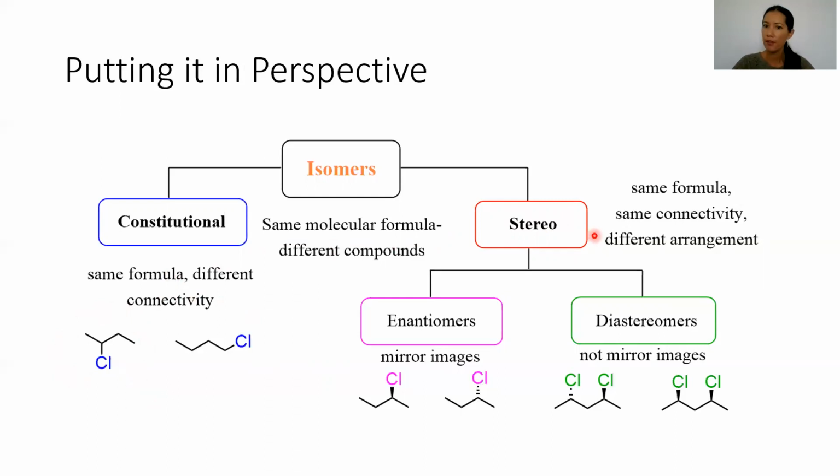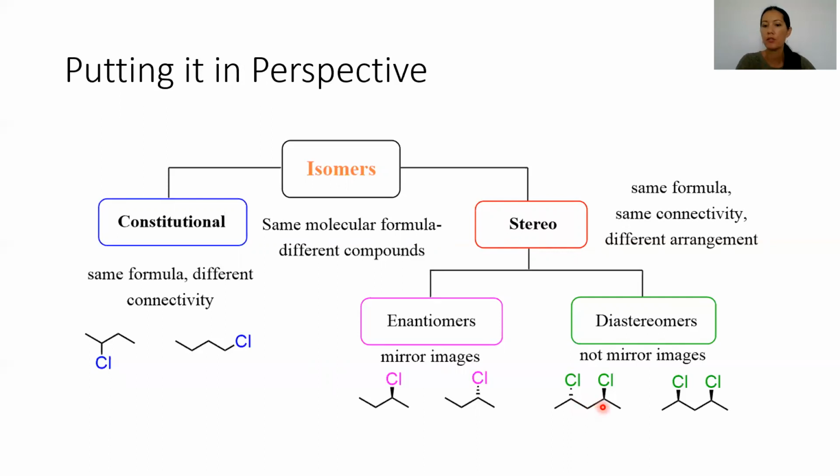Stereoisomers also have the same formula, same connectivity, but a different arrangement in space. So we have enantiomers here. 1 chiral center is inverted. They're mirror images of each other. And you also have diastereomers, where they're not mirror images, but you do have those chiral centers.